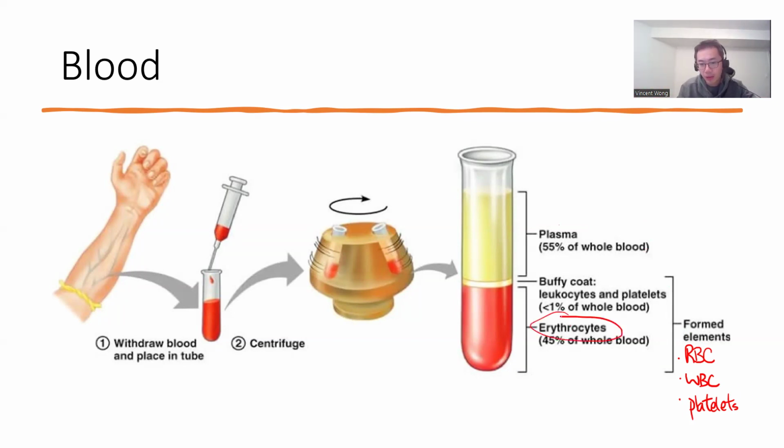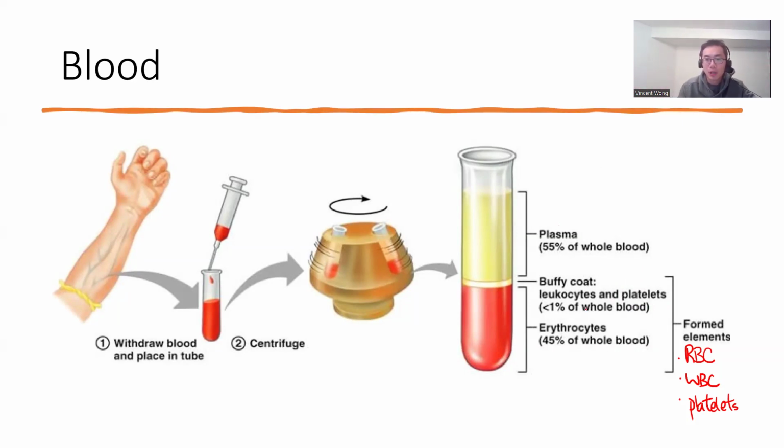For example, erythrocytes, that's red blood cells. Leukocytes, that's white blood cells. And platelets, we're just going to call them platelets at this point, but they do have another name as well. Don't worry about it at this point. When we talk about the individual cells, the names will come up again. I'm just trying to tell you there is a common name, and then there is the biology name for the cells.